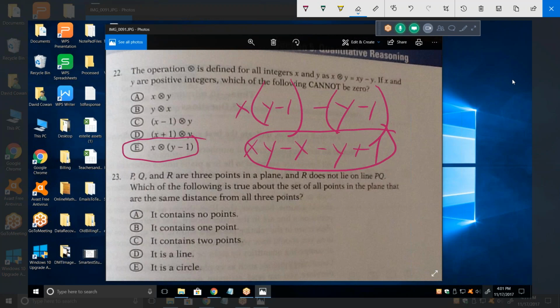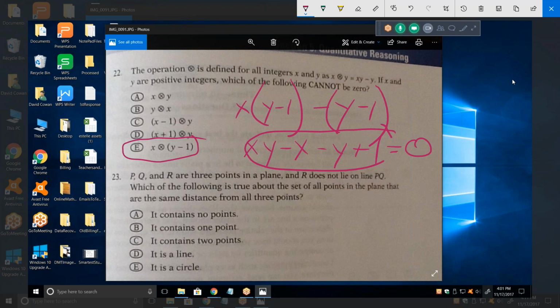Now, for this to be 0, that would be tough. I'm trying to think of numbers that would make that equal to 0, and I can't think of any.